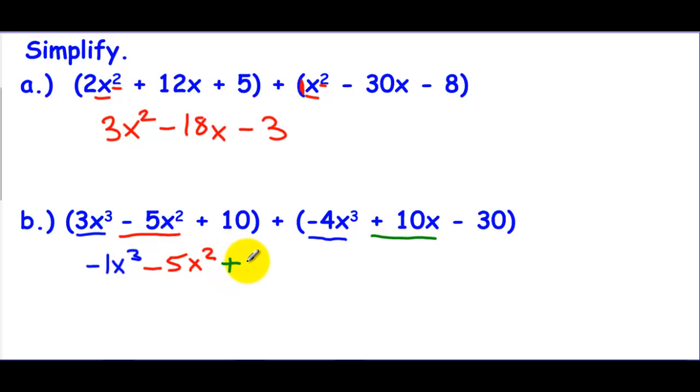It's just going to come down and attach right onto the end. Okay? And then the last of it would be these two constant terms. I have 10 plus negative 30. Well, that would be negative 20. So I'm going to say that the sum of these two polynomials is negative x cubed, which remember we don't need to say that 1, negative x cubed minus 5x squared plus 10x minus 20, and that is the sum.